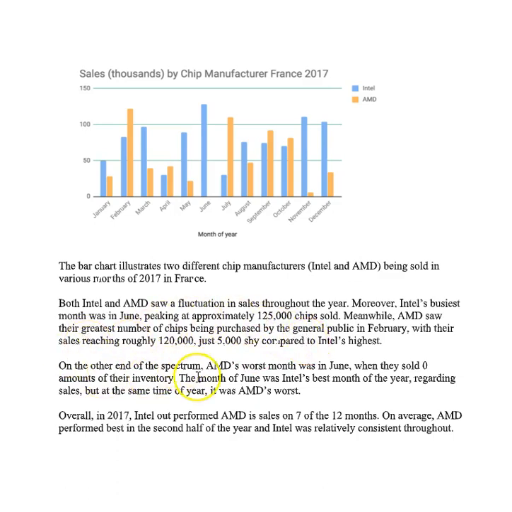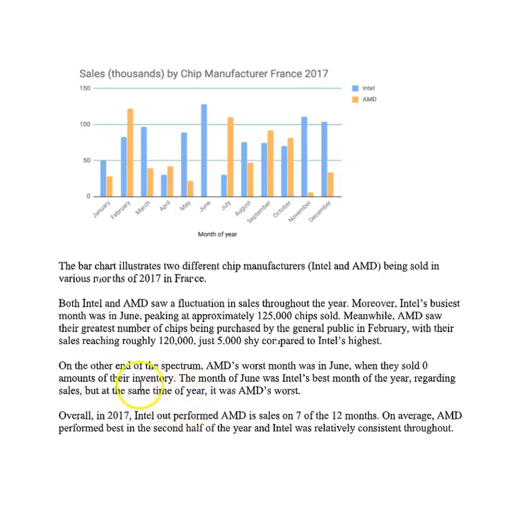On the other end of the spectrum, good, well done. AMD's worst month was in June when they sold, okay, so 0 amounts of their inventory. I would suggest here that we say when they sold nothing. Okay, the month of June was Intel's best month of the year regarding sales, but at the same time of year it was AMD's worst. Okay, so this last sentence is actually repeating what we've already said, so we don't need that last bit.